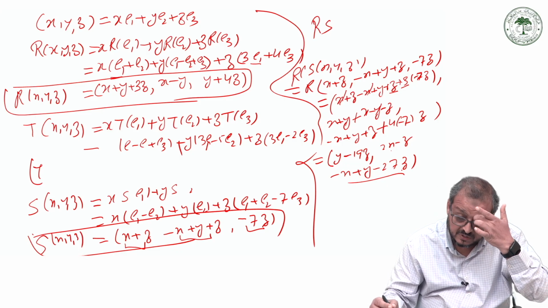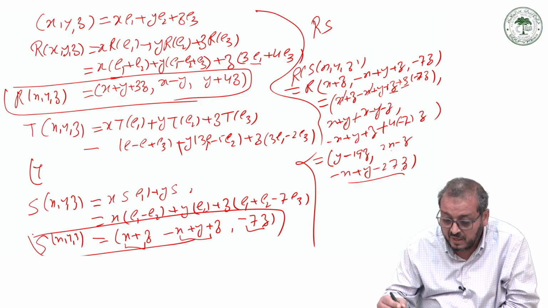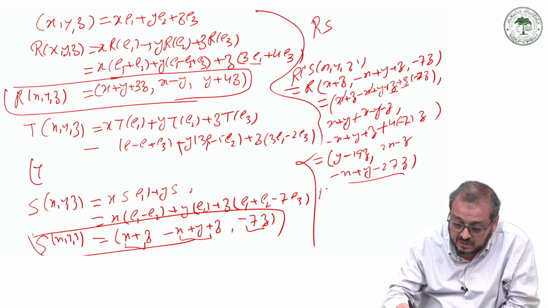So now we just find the rank and kernel of this map. To find the kernel, we take the composition RS of x, y, z equal to 0.